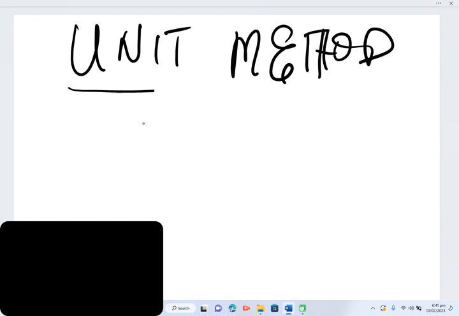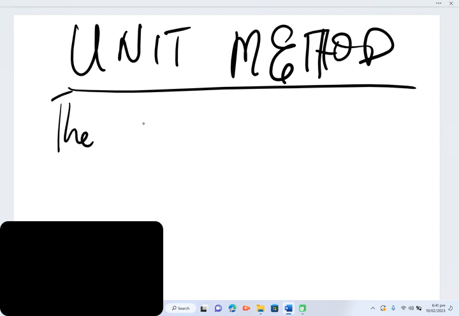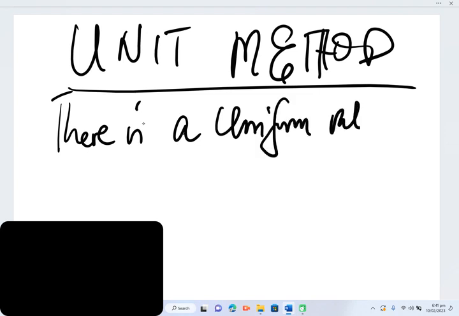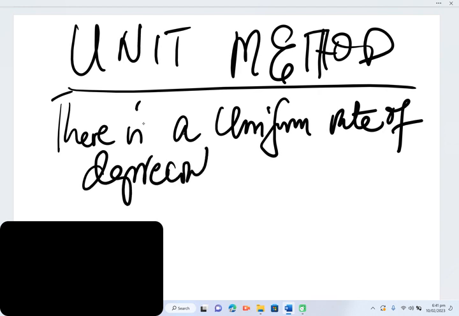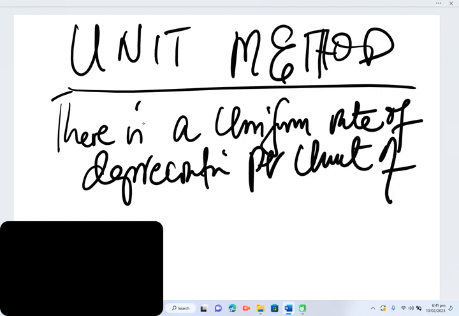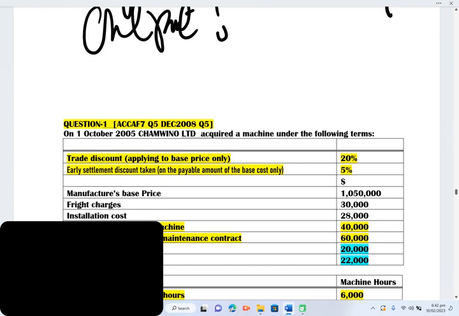Anasema in unity method there is a uniform rate of depreciation per unit of output. Kwa hiyo uwe makini sana, na hii njia ni wachache.